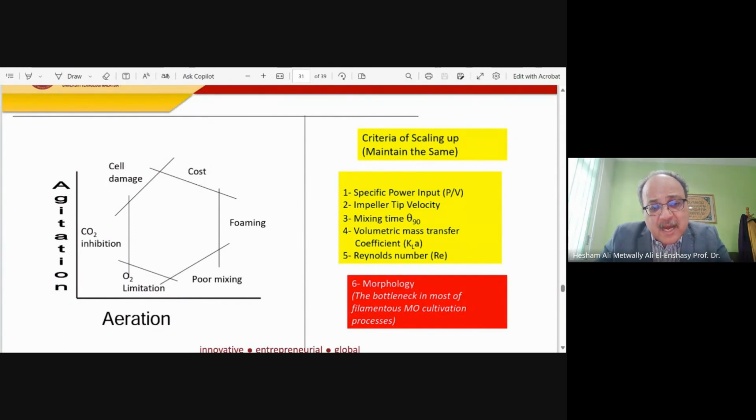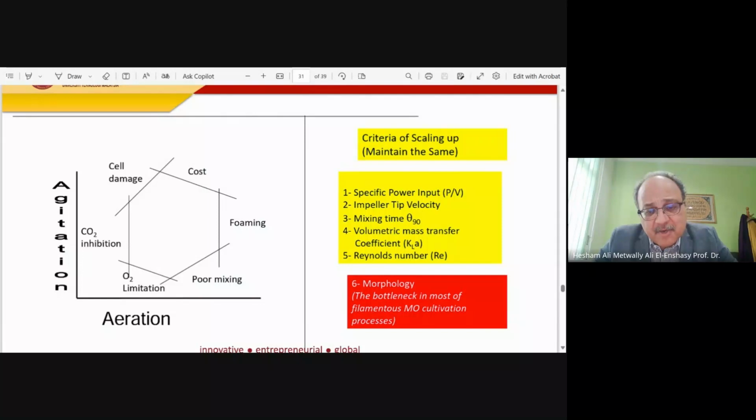Moderate agitation and high aeration, there will be foaming. If I have high aeration and low agitation, there will be poor mixing because the oxygen bubbles will be big. If I use moderate aeration and low agitation, I will have oxygen limitation. Low aeration and moderate agitation, CO2 inhibition. Then I work within a certain limit.